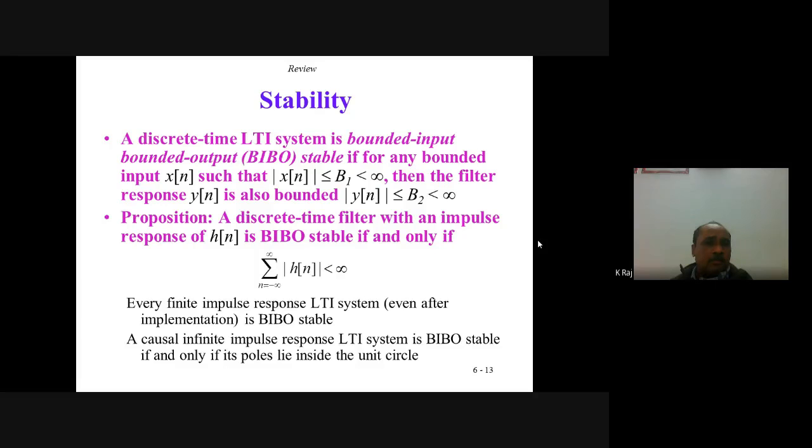It means the magnitude or the mod of the input x[n] is less than some finite value, and that value is less than infinity, and the output is also finite, that is, the mod of y[n] is less than or equal to a particular value V2, but V2 is certainly less than infinity, that is, a finite value here.